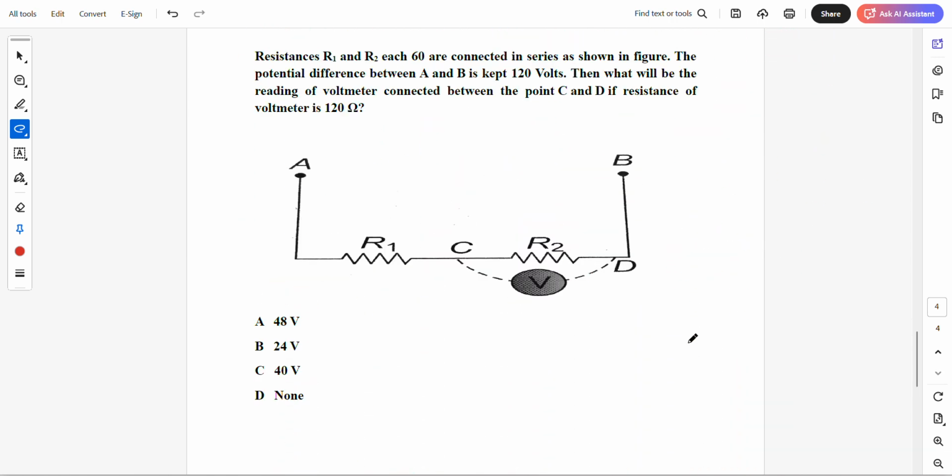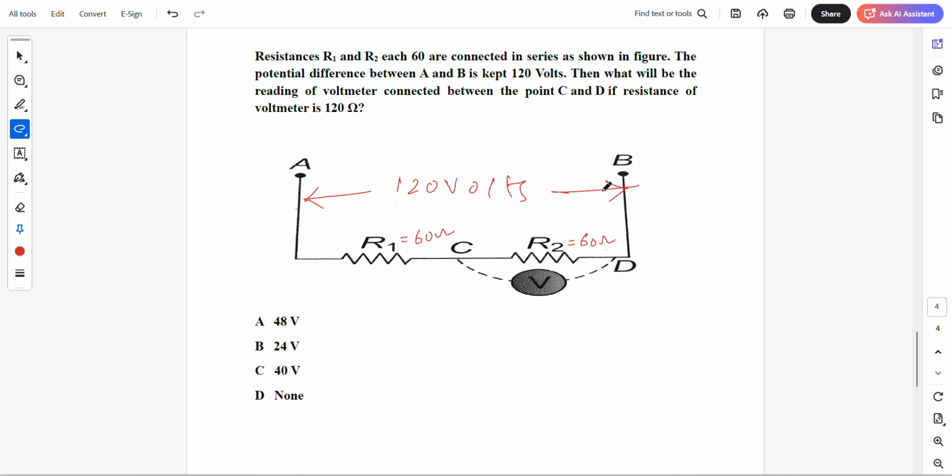Next problem, let us see. What is he telling? Resistances R1 and R2 are both 60 ohm, and they are connected in series as shown in the figure. The potential difference between A and B is given, 120 volts.